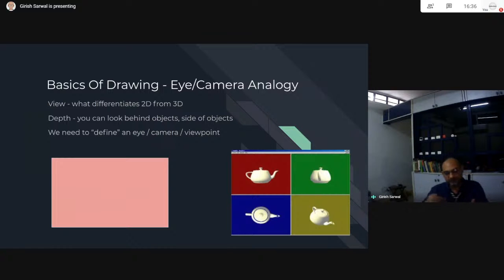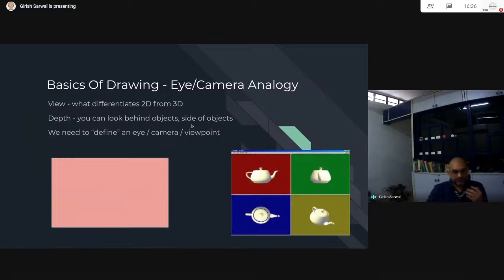So we really don't need a specific eye or viewpoint to look at it. But with 3D objects, we could be looking at that object from multiple angles, from any angle that I wish to. Like in the real world, when you're interacting with 3D objects, you could actually go behind a room and look at it, but you can't really do that with a 2D object.